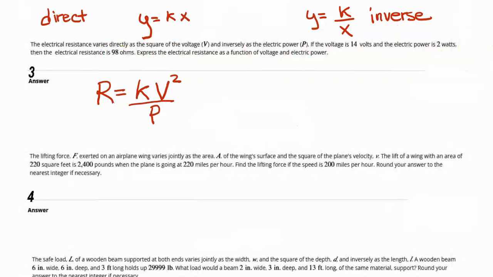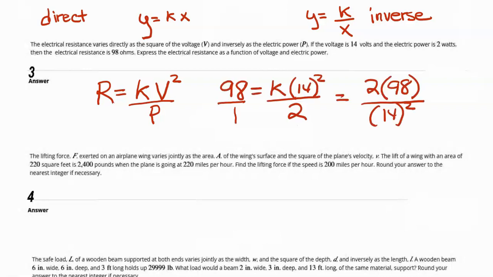All right, substitute and see what you come up with. Something like this up to this step. Now keep in mind our resistance is 98. Our voltage is 14 that we have to square. And our power was 2 watts.